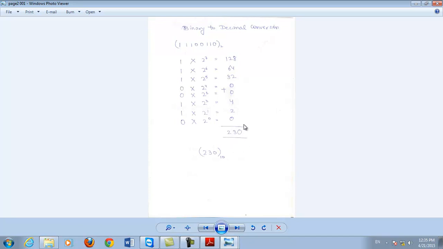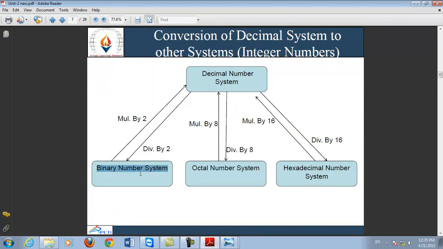Then the final number after the addition will be equal to the decimal number. जैसा कि हमने previous question में देखा, 111001110 is the binary equivalent of 230, and if you convert this number into its decimal number, then the number is also equal to 230. It means your conversion process is correct. This is the process of decimal to binary conversion and binary to decimal conversion.